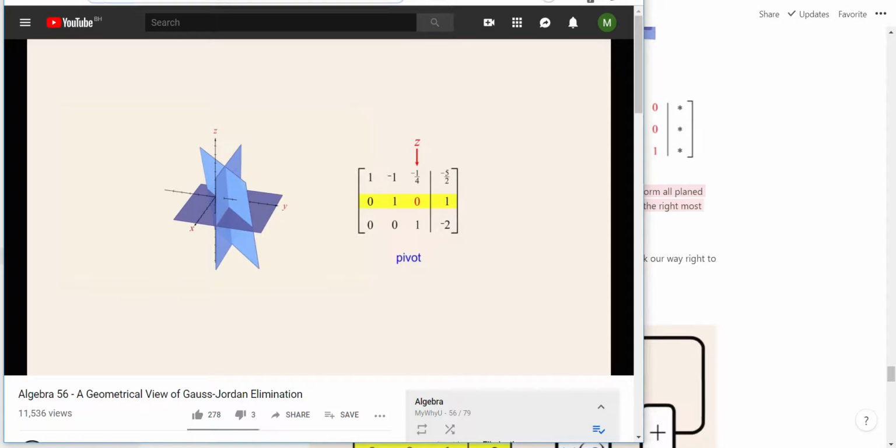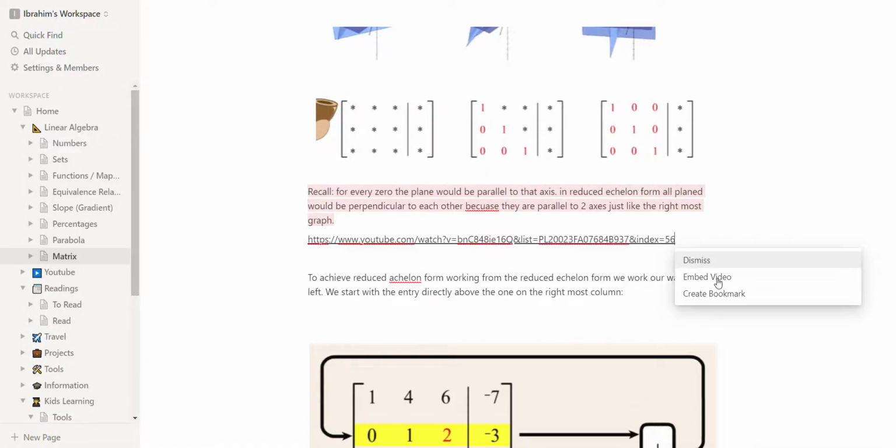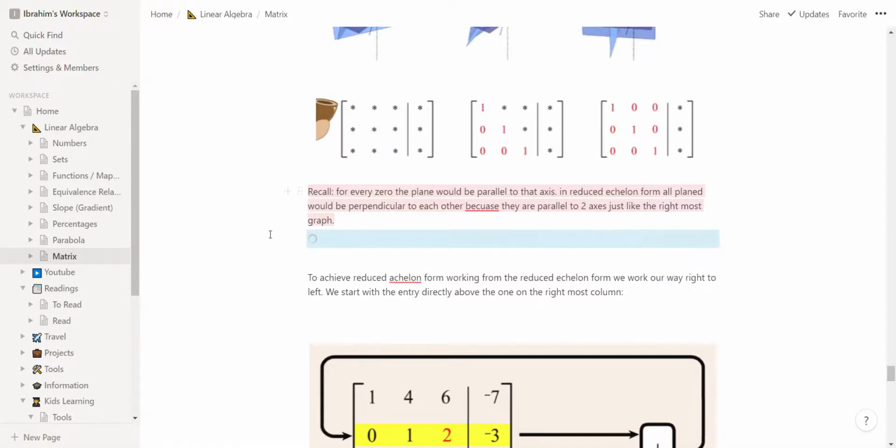Since plane 2 is now parallel to both the z and x axes, it is perpendicular to the y-axis.